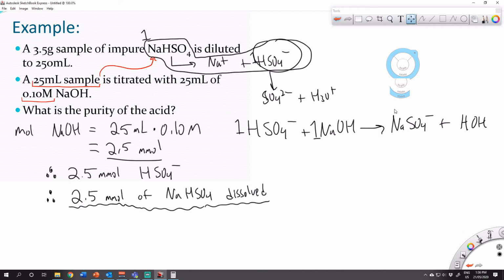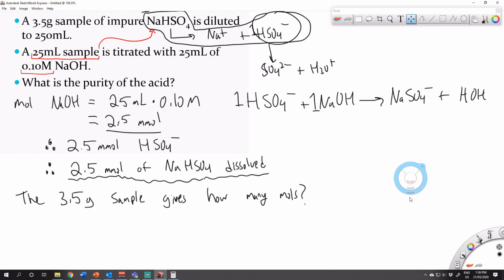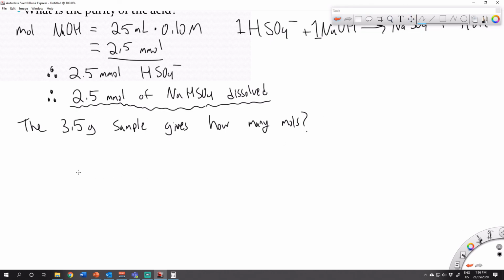Now, for the 3.5 gram sample, we'll figure out how many moles are in here. Well, here we just go back to how we calculate moles based on mass. Going from mass to moles is a division by the molar mass, or in other words, you multiply by 1 over the molar mass.